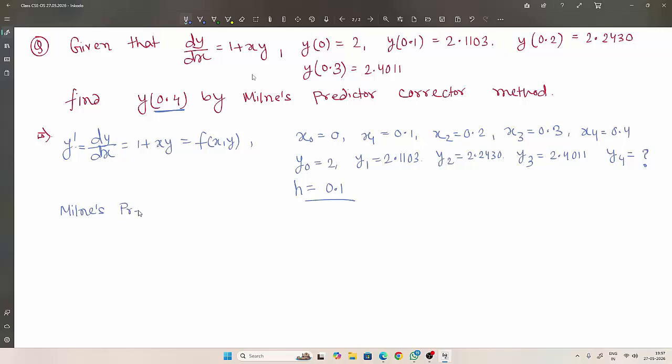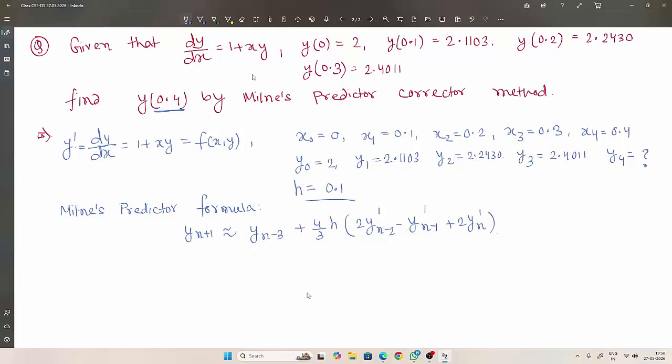So now the Milne's predictor formula. What is the Milne's predictor formula? y(n+1) is approximately y(n-3) plus 4h by 3 into 2y'(n-2) minus y'(n-1) plus 2y'(n).